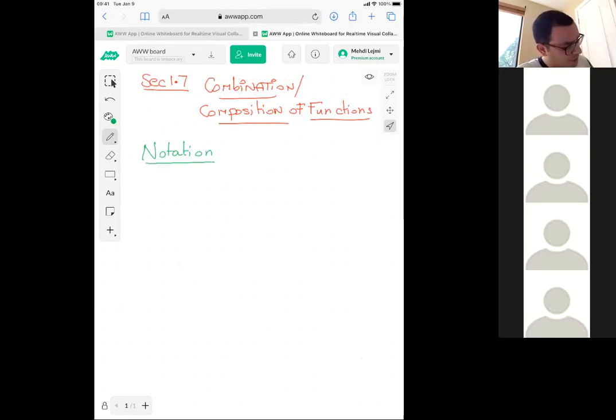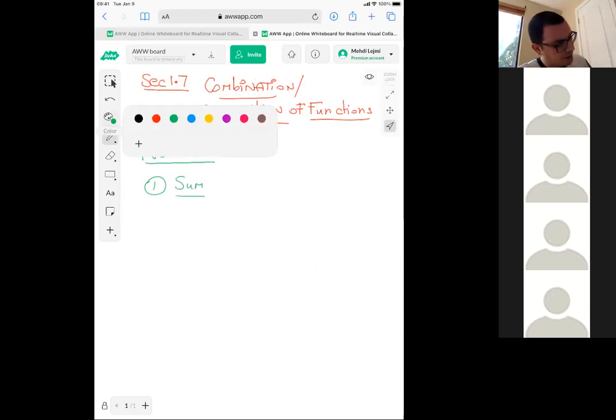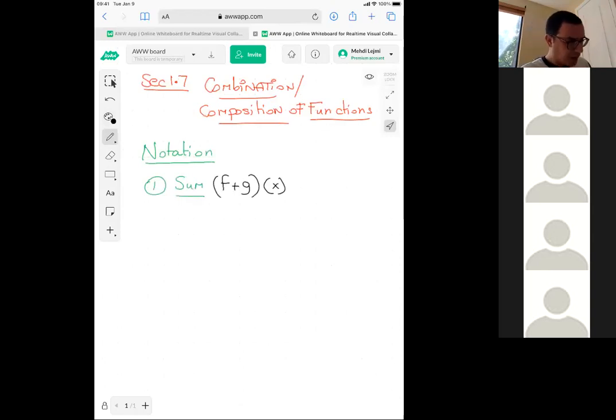The first operation we had is a sum of two functions. So you write f plus g of x, and what we mean by f plus g of x is f of x, of course, plus g of x.